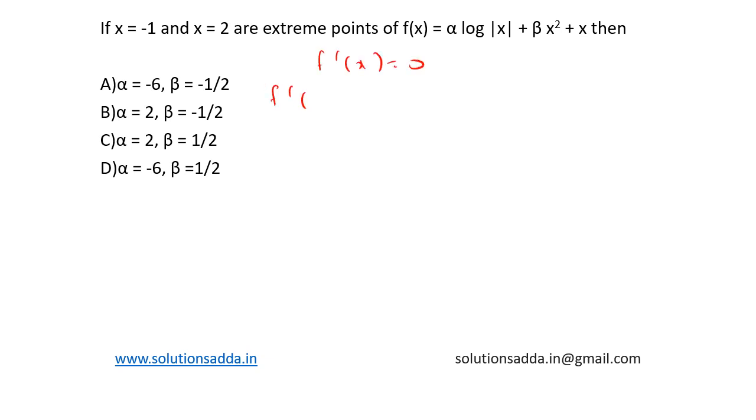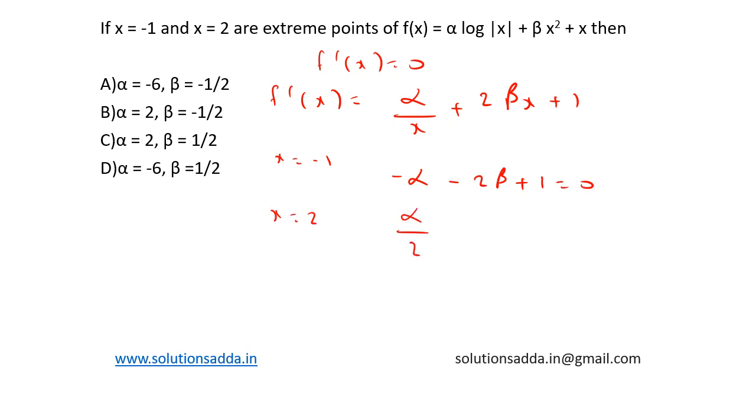The first order derivative of this equation is alpha by x plus 2 beta x plus 1. At x equal to -1, we have minus alpha minus 2 beta plus 1 equal to 0. And at x equal to 2, we have alpha by 2 plus 4 beta plus 1 equal to 0.